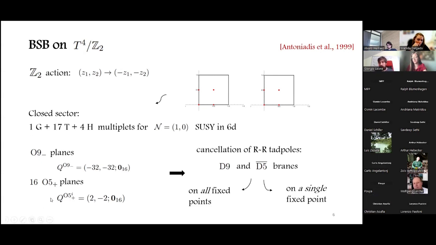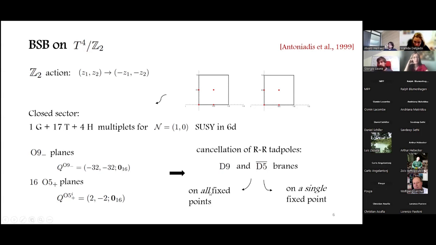Therefore, to require the consistency of the vacuum, we have to introduce D9 and anti-D5 branes to cancel the Ramond-Ramond tadpoles, and we can do so by choosing two different options. In particular, we can decide to place all the anti-D5 branes on a single fixed point. This actually corresponds to the original construction made by Antoniadis, Dudas, and Sagnotti in 1999. Or we can choose to place the anti-D5 branes over all the Z2 fixed points, which corresponds to the almost rigid variation that we have discussed in our paper.